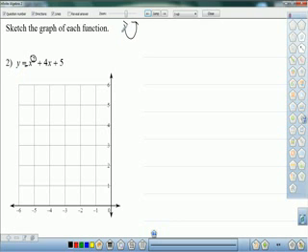And then the last thing we talked about were our x-intercepts, our roots, our solutions, or our zeros. All of them the same thing. You guys remember how you found those? Where it crosses the x-axis.